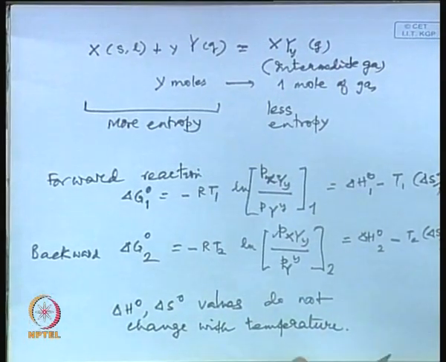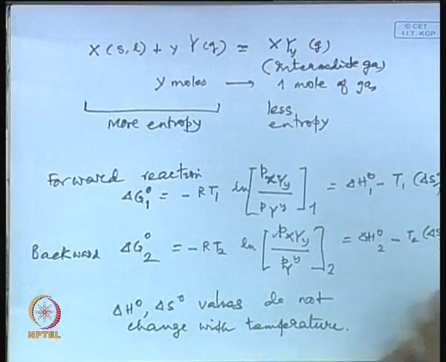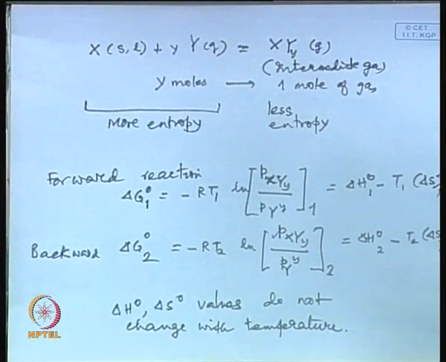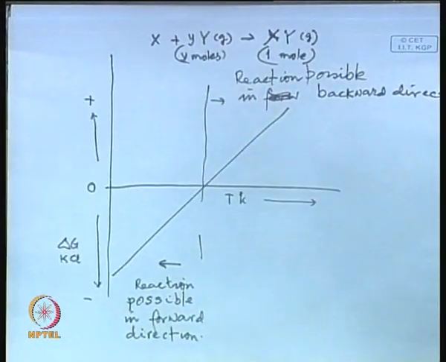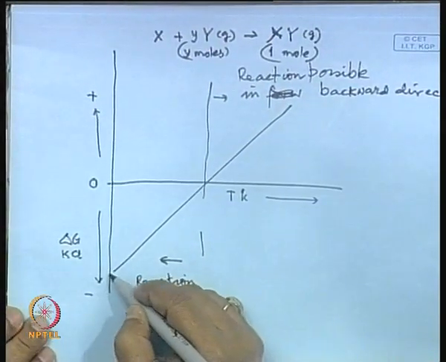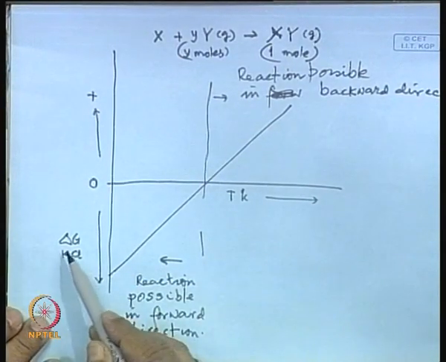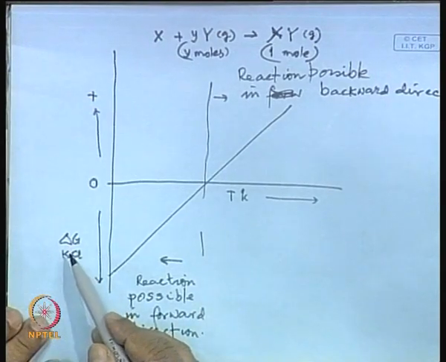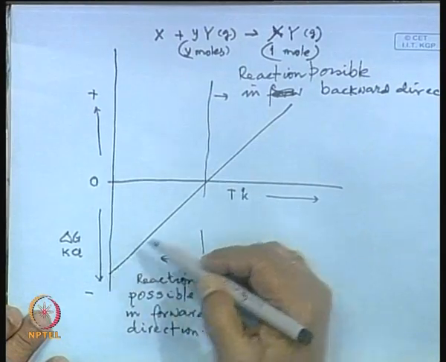Now, see the kind of things we can derive from looking at this simple thing. What we really want is a situation like this. We need to ensure that the free energy change in the reaction, or free energy change of formation of the intermediate, will go from negative to positive side.